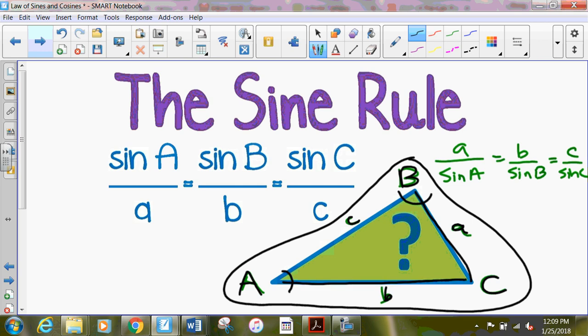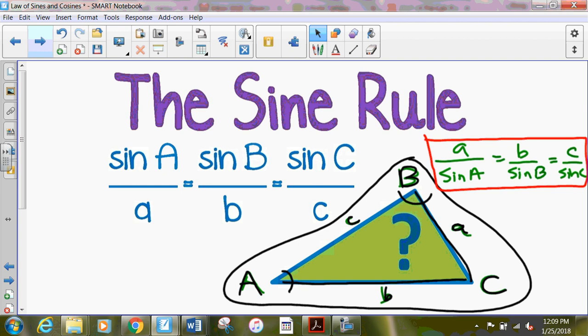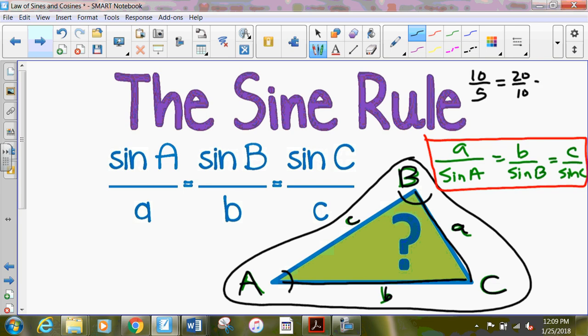So pretty cool. I also wrote it down in a different way. You can also see the law of sines written like this. Same thing, right? If we were to say 10 is to 5 as 20 is to 10 as 30 is to 15, that's true.